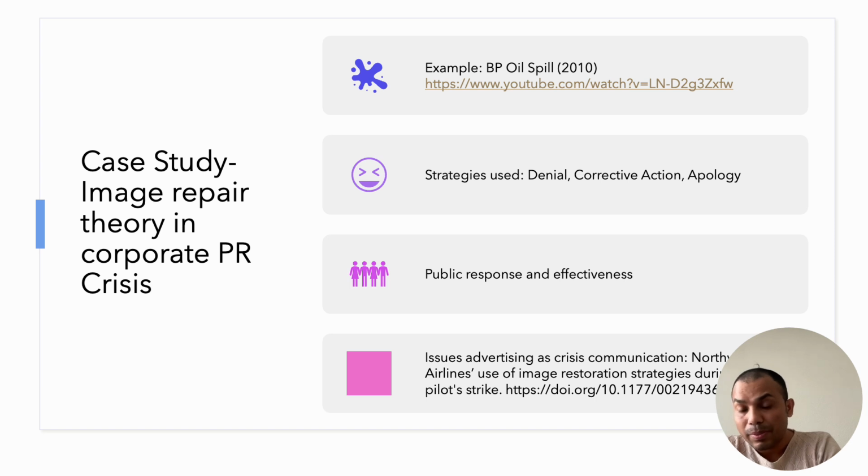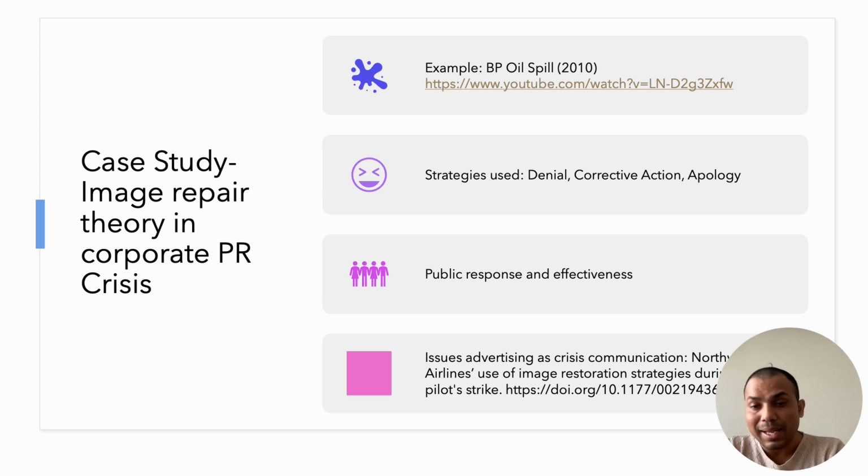No, because the image was already damaged. So it's very hard to recover that image. But at least at the end they tried by apologizing and giving the compensation. But they did that after a lot of pressure from the different organizations and the case in the court. So finally they accepted it.